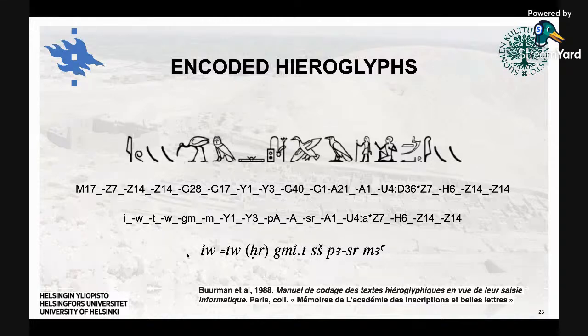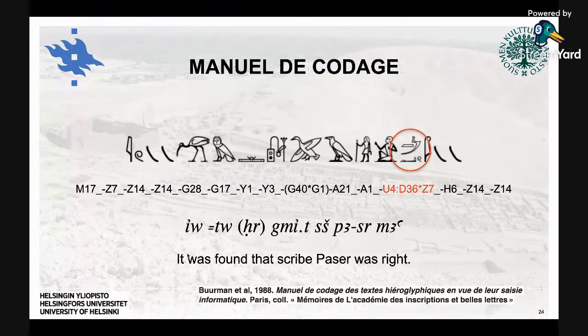The most often used encoding is called Manuel de Codage, which has been kind of a standard since 1988. In order to get a sign above another one, Manuel de Codage uses a colon. And to indicate that signs are next to each other, it uses an asterisk, so the star, like in the example in red here.